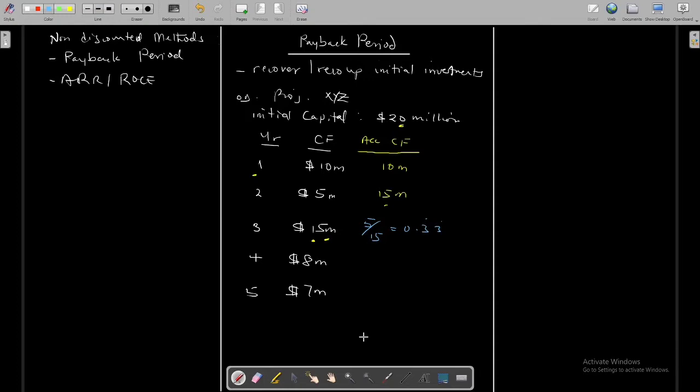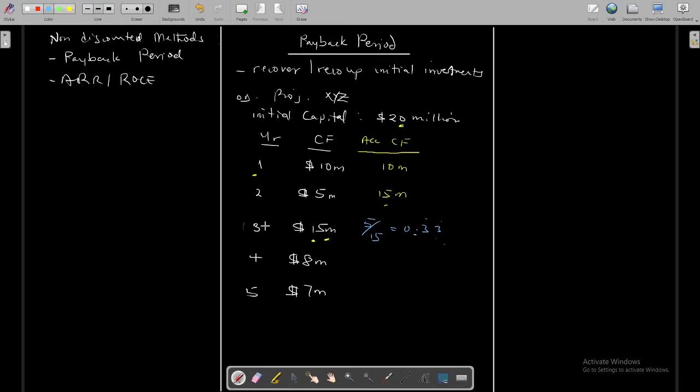So in order to find the payback period, we understand that it took us 1 year to recover $10 million, 2 years to recover $15 million. However, it took us 0.33 more. This 0.33 is a fraction of a year.